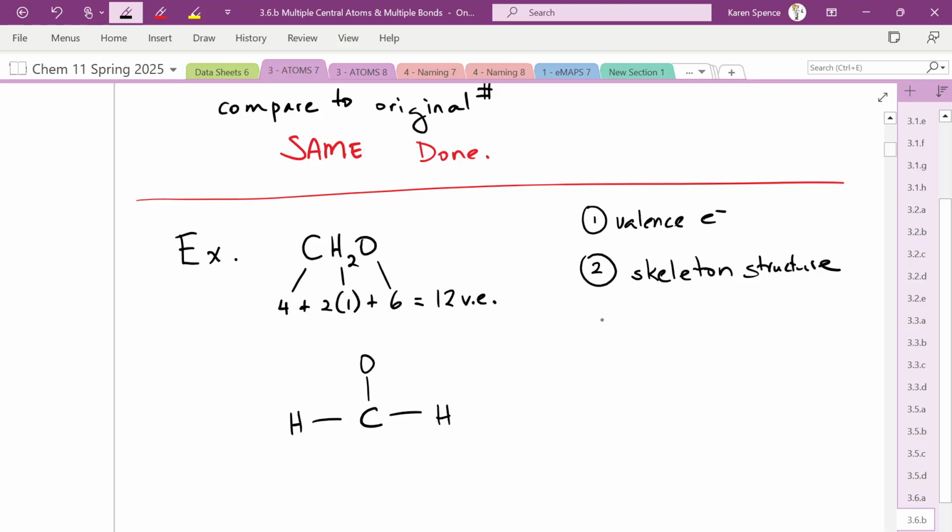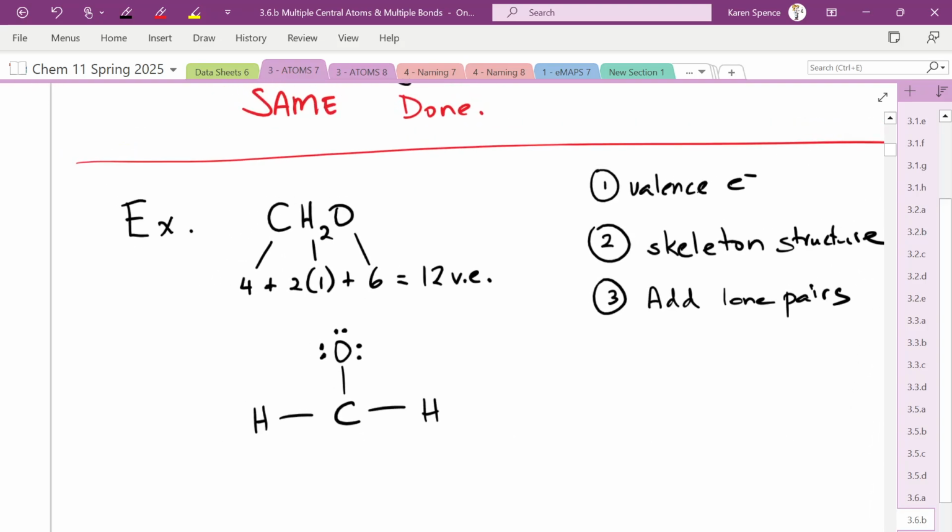All right, step 3. What is step 3? Add lone pairs. Who needs lone pairs here? Oxygen needs 1 on the left, 1 on the top, and 1 on the right.